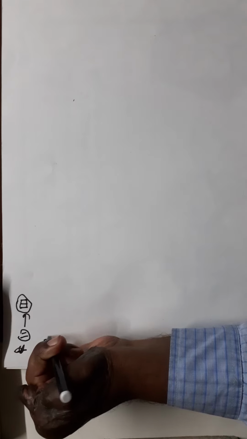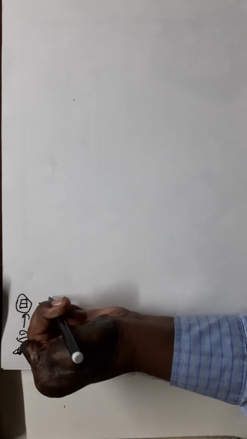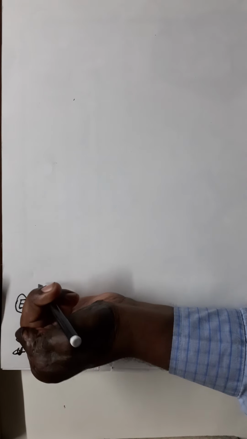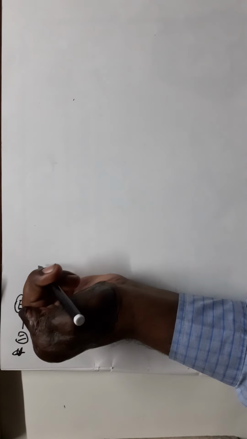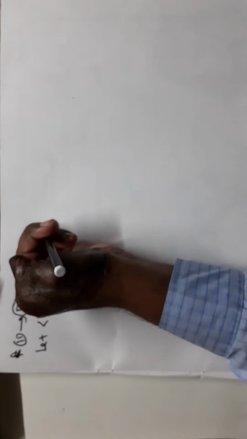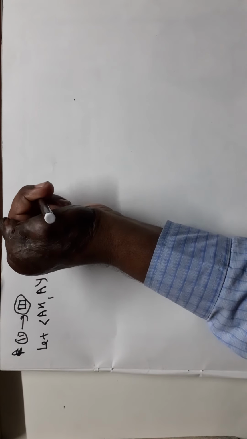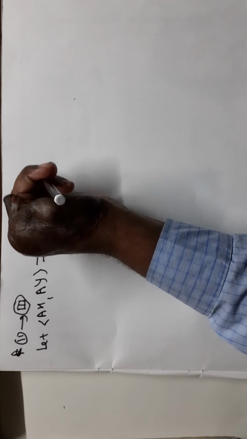Two implies 3. Here let angle bracket x comma Ay is equal to angle bracket x comma y for all x, y belonging to Rn.